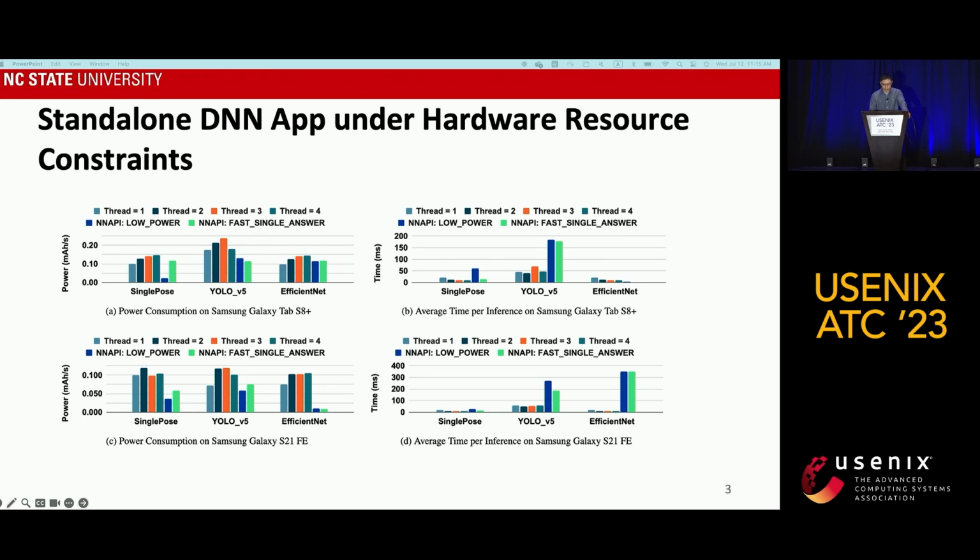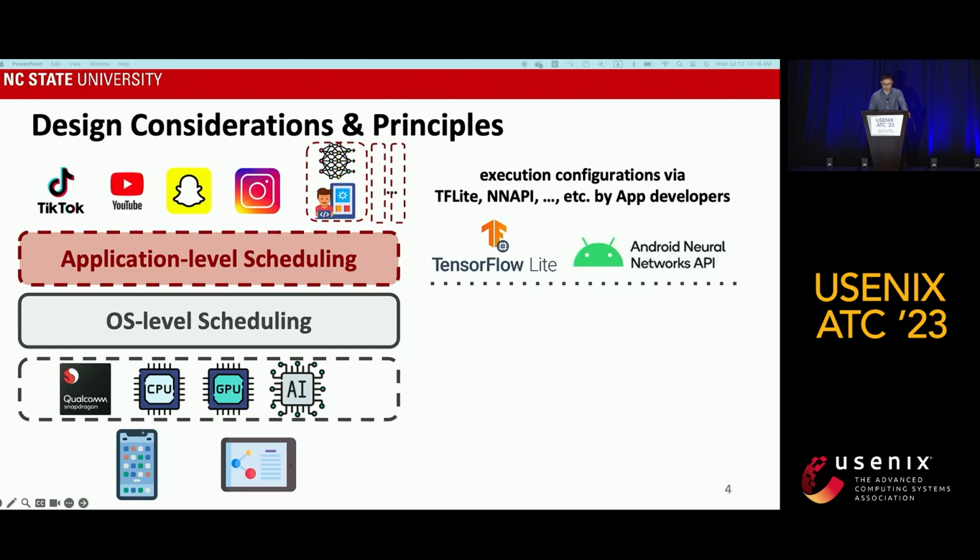Even though they are not co-running at the same time, each has its own best option. We can see in the figure that different DNNs have their own best configurations. Users may need to spend time profiling to make the best decision for each different DNN.